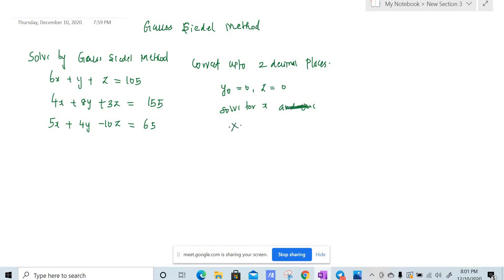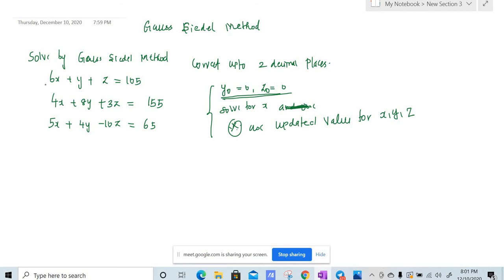The important thing is use updated value for x, y, z. So I'll do with problem. Actually this is the step you need to follow. Assume y0 is equal to 0, z0 is equal to 0, and solve for x and use updated value for x, y, z if they haven't mentioned any initial condition, right? Yes. So I'll do 2 problems or 3 problems so that it will be very easy for you to understand.